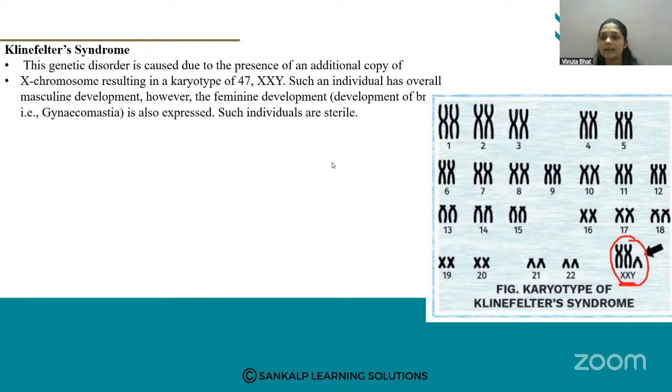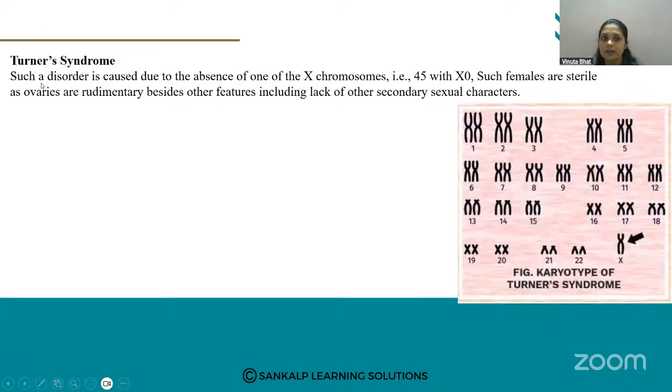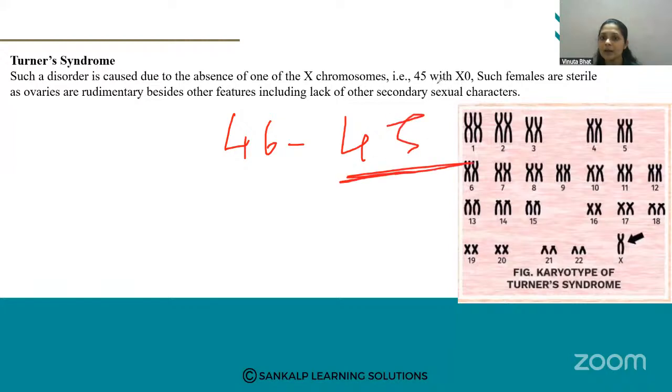Next one, Turner syndrome. This disorder is caused due to the absence of one of the X chromosomes. So the chromosome is absent totally. There should have been 46 chromosomes, but there are 45. So which chromosome is absent? It is X0. Here 45 chromosomes, not XX but X0.